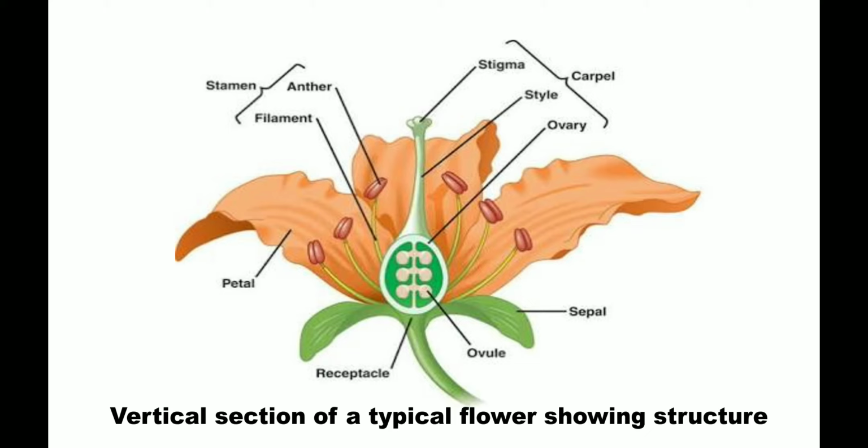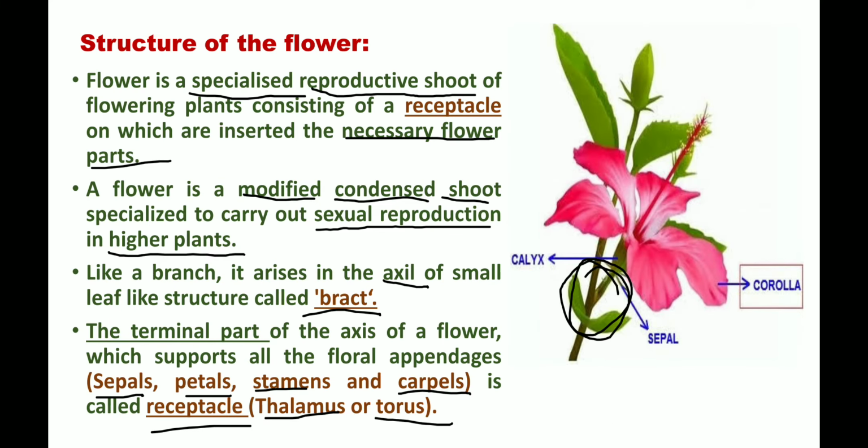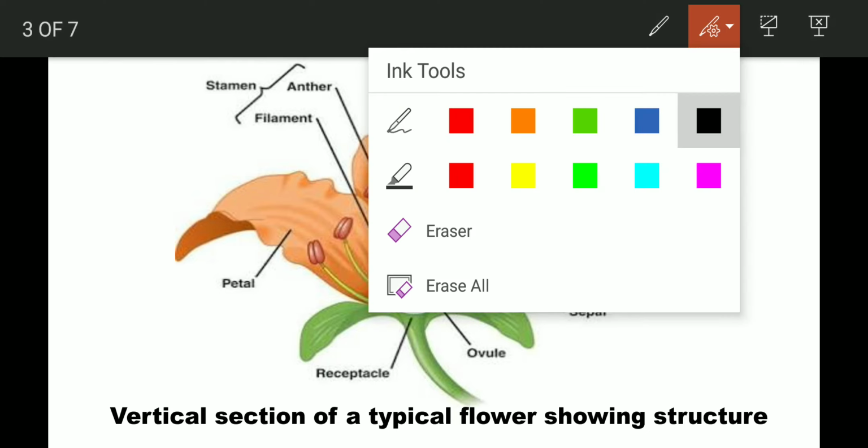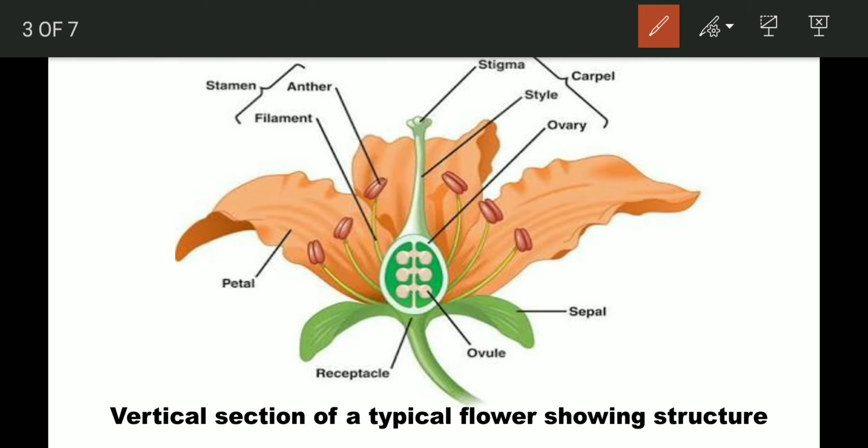I told you the term receptacle. So here is the receptacle. Receptacle, I told you, is the basal portion which is bearing all the flower parts. So receptacle is this terminal portion. Here you see these green leaf-like structures.